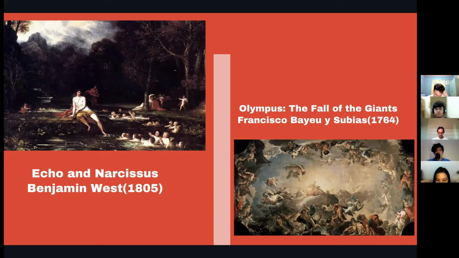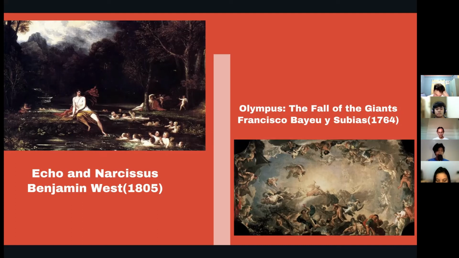Narcissus was the son of a river god and a nymph. When Narcissus was younger, an oracle was consulted about his fate. The oracle stated that Narcissus would live long if and only if he doesn't discover himself. As Echo was walking through the woods, she stumbled upon Narcissus and immediately fell in love.